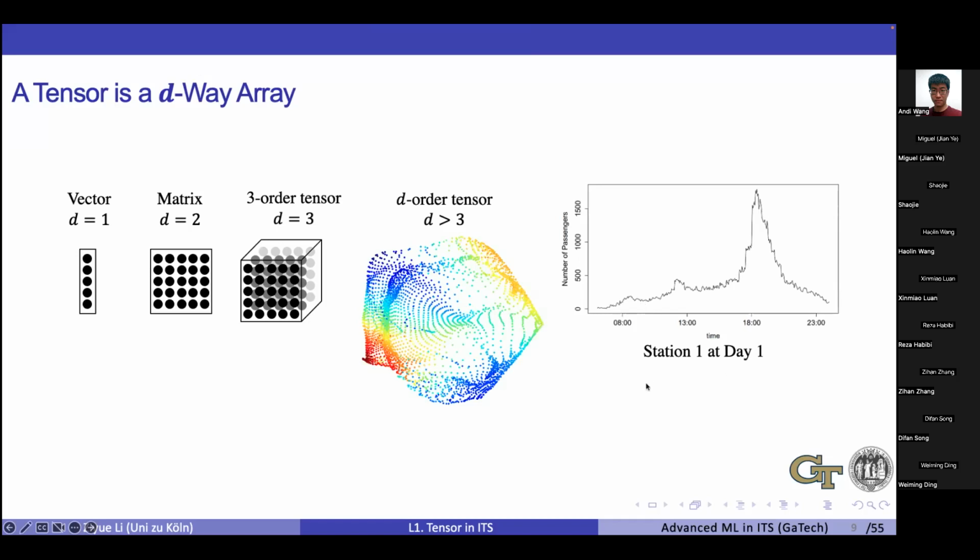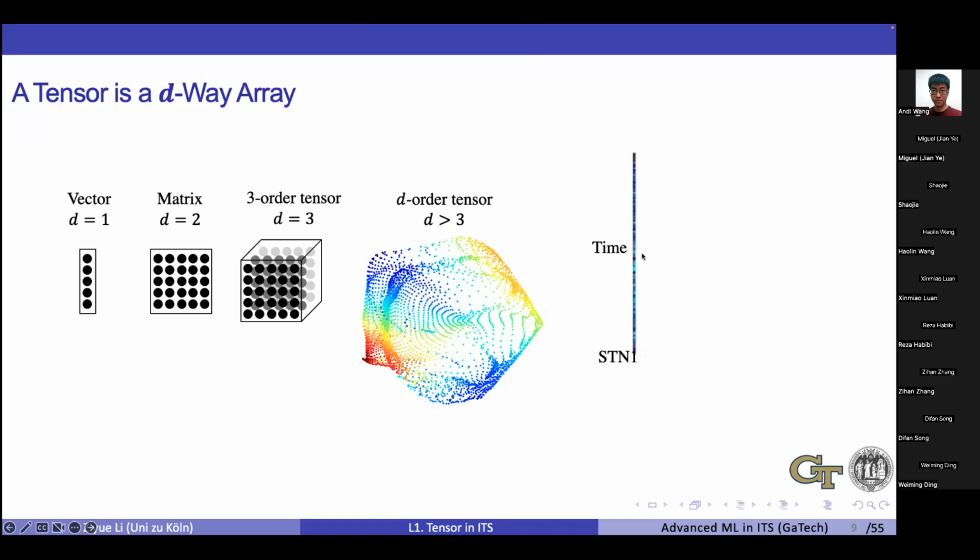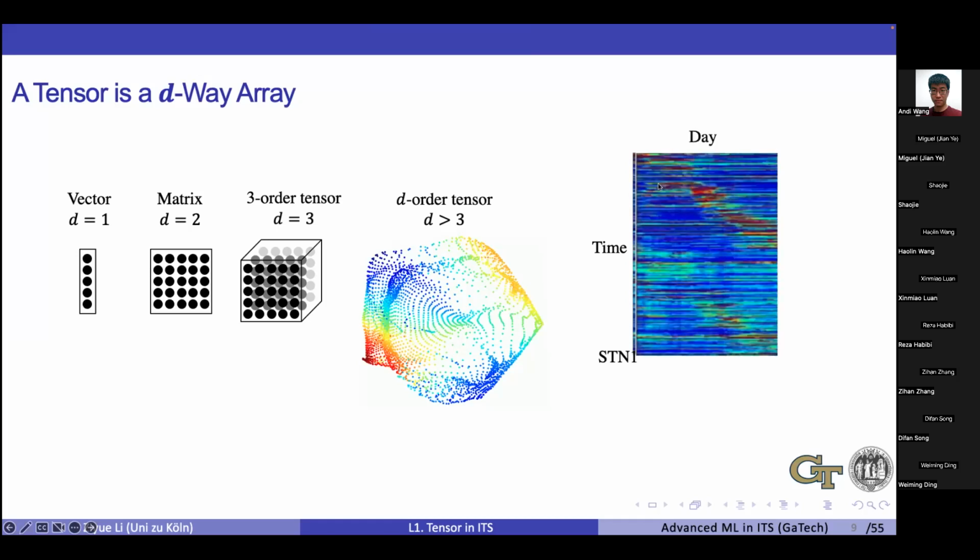For example, this is the passenger inflow for station 1 and day 1. We can basically write it as a vector across the time dimension, and it's only for one day. If we look at, for example, 50 or 60 days, two months, then we get a matrix for station 1. Now it's only station 1.